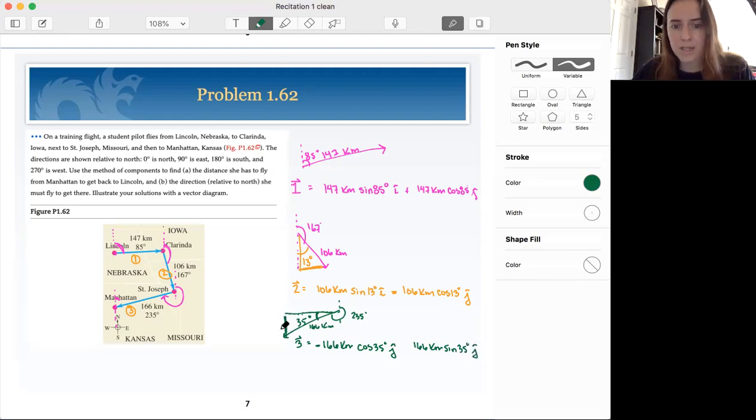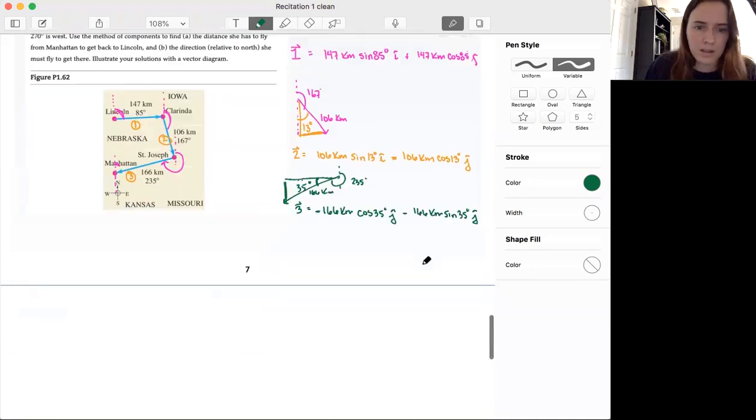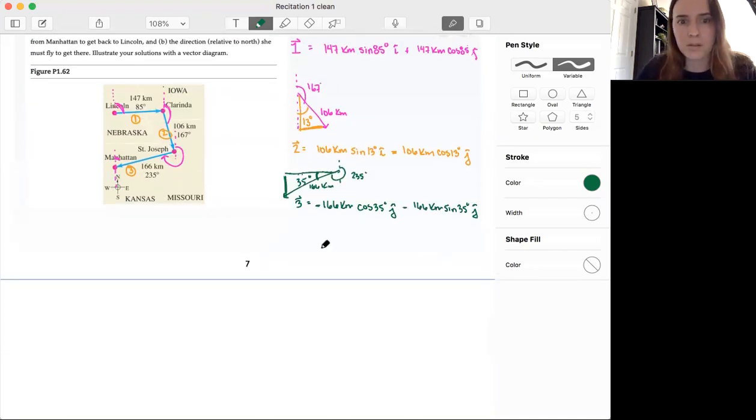And it's pointing down, so that's negative. Okay. And so we have blank space, so we're just going to scroll down. So now, what we're going to do is if we take vector 1 plus 2 plus 3, that tells us how we got from Lincoln to Manhattan.